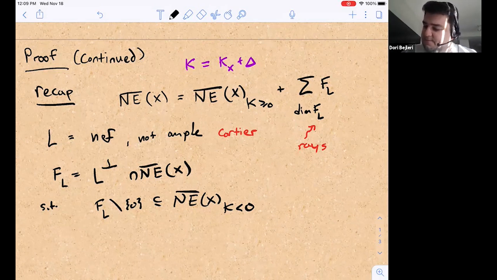So, recap. Let me just say, we also showed the statement about perturbing by an ample.